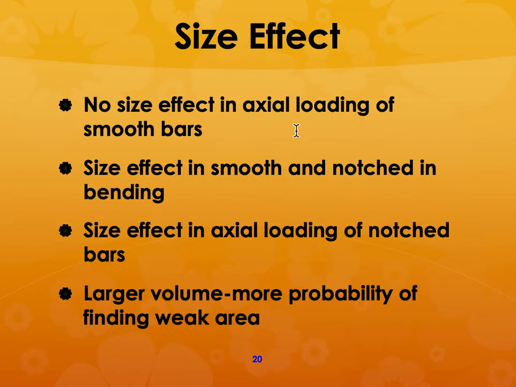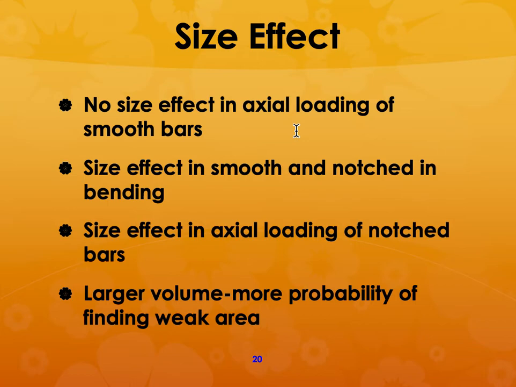So what is the difference between a smooth sample and a rough sample? There is typically no size effect in axial loading of smooth bars, but there is a size effect in smooth and notched bars in bending.